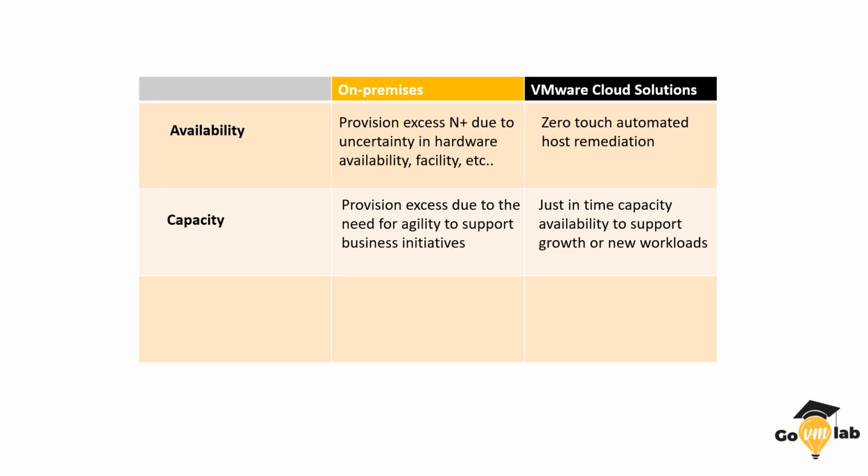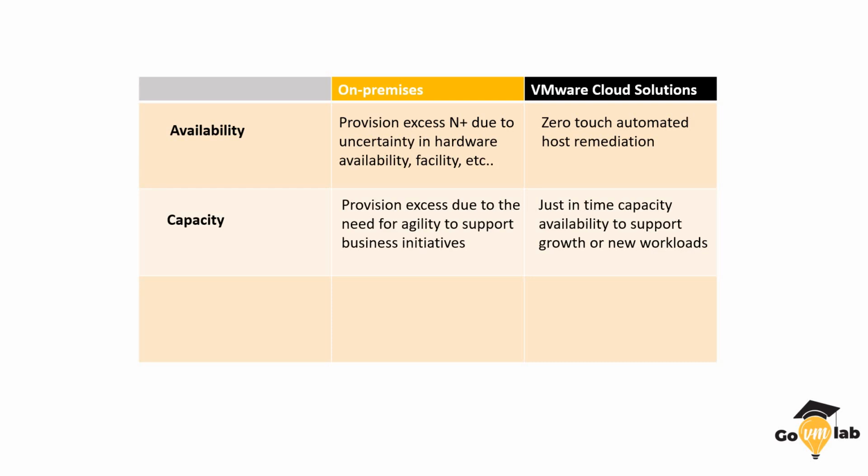In the cloud solutions, again, we do not need excessive provisioning of our hardware to get this kind of agility and support business initiatives. VMware Cloud Solutions in hyperscalers gives us just-in-time capacity availability to support our new workloads. For example, let's say I'm running a 3-node cluster on VMware Cloud on AWS, and I need to add 2 more hosts to support a new business initiative.